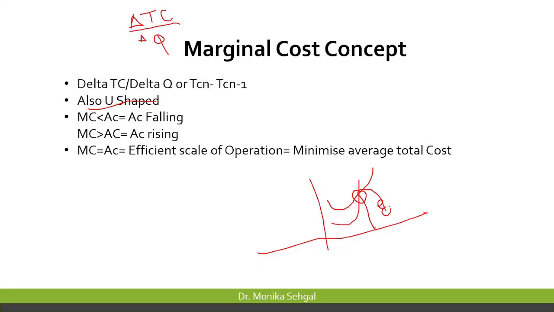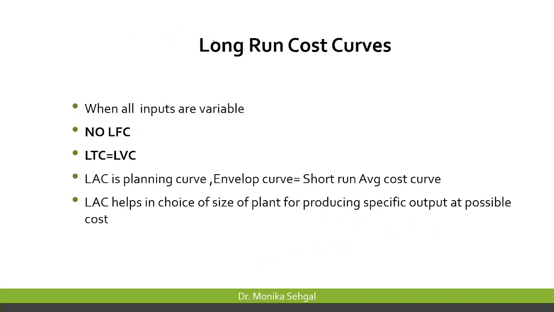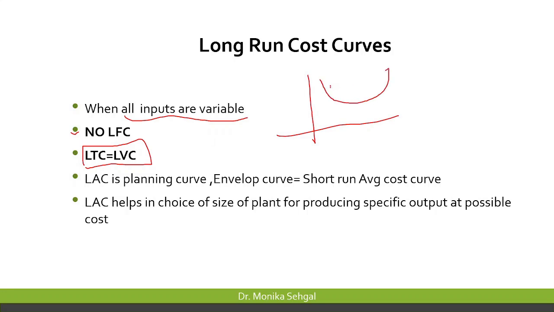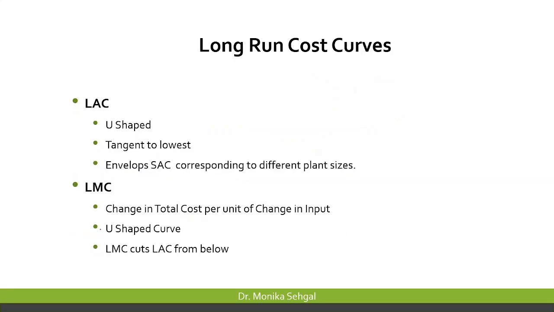Minimum average total cost. Long run cost curves: when all the inputs are variable and there is no fixed cost, there is no fixation. So LTC is always equal to LVC. The long run average cost curve is also known as the envelope curve, because it contains all the short run average cost curves like this. It helps in the choice of plant size for producing a specific output at the lowest possible cost.